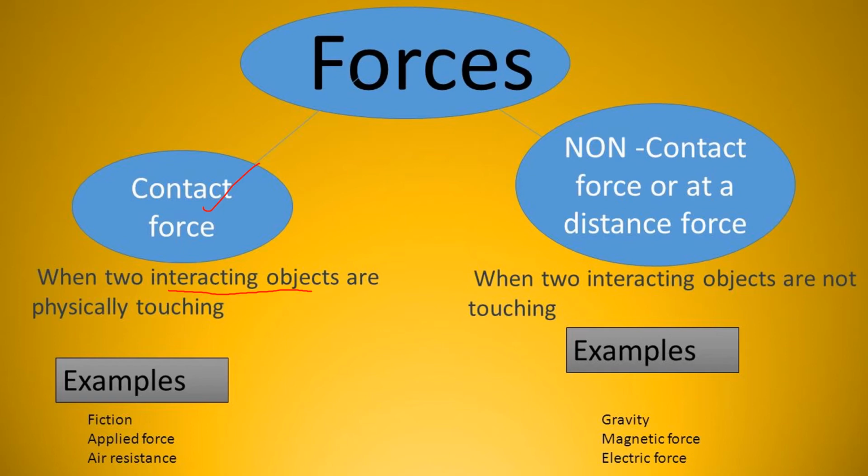For example, you're playing cricket, and the bowler is going to bowl the ball, and you are the batsman, you're going to hit the ball. You will use the bat, you will give some very strong force to hit the ball. There is going to be some physical touch between the bat and the ball.